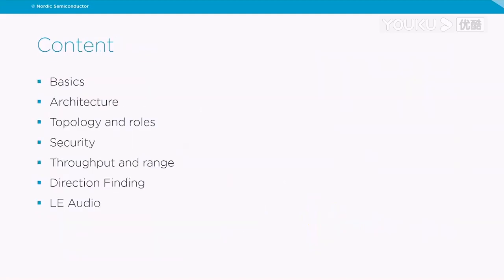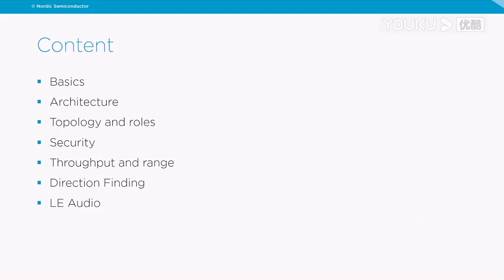So this is the content for today. I will cover the basics, where I talk a bit about why this technology is so great and how it is managed. I'll talk about the architecture, going through the different layers in the Bluetooth Low Energy stack and the specification.